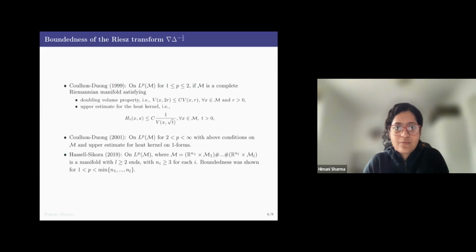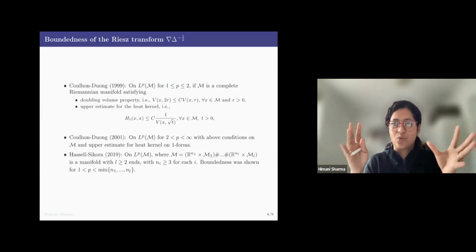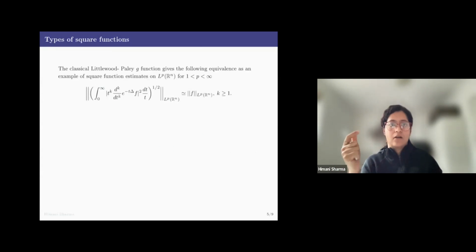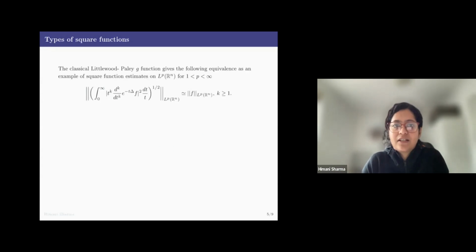Before moving on to our main result, we'll now see what types of square functions we have here. For that, we start with the classical Littlewood-Paley g function. As we saw from the Littlewood-Paley theory, we have a characterization of the function with a square function.